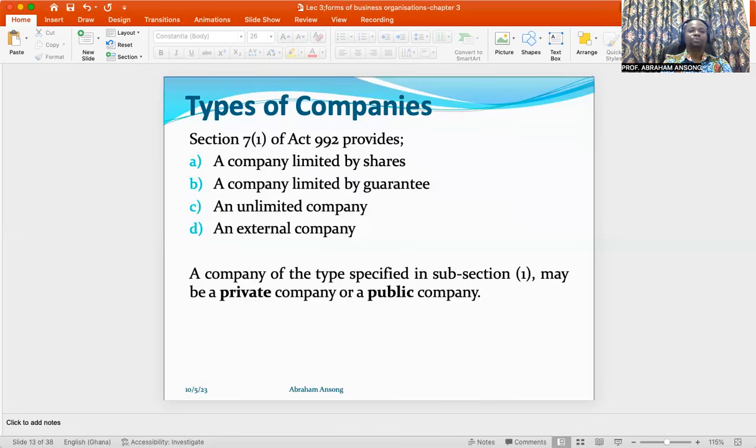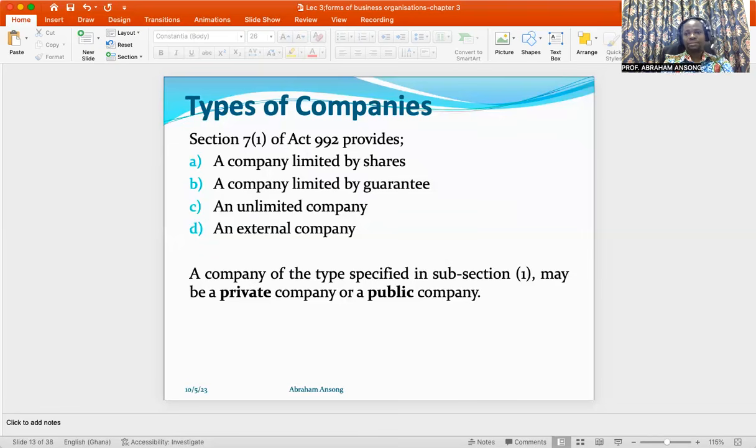So any of the companies that we've listed above could either fall under private or public company. Okay, so we can have a private company limited by shares, and we can have a public company limited by shares. All right. We can have a private company limited by guarantee, then we can have a public company limited by guarantee, and so on and so forth.